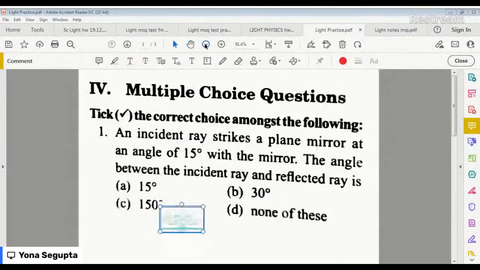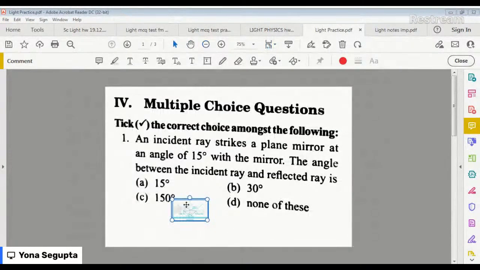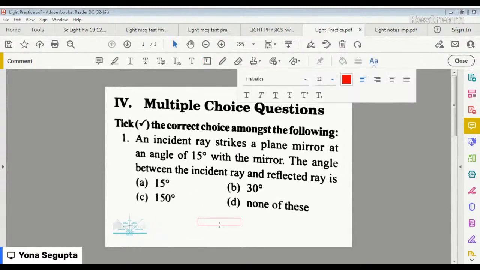We can see that. So therefore, what happens? It will make an angle of 75 degrees. How? We have the picture here, you can see that there is 90 degrees.